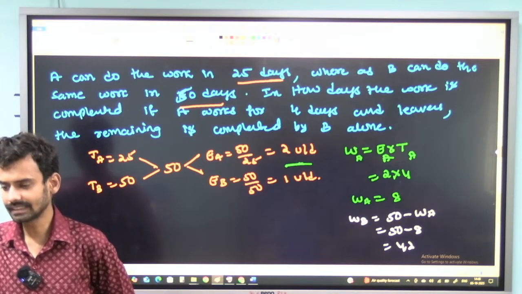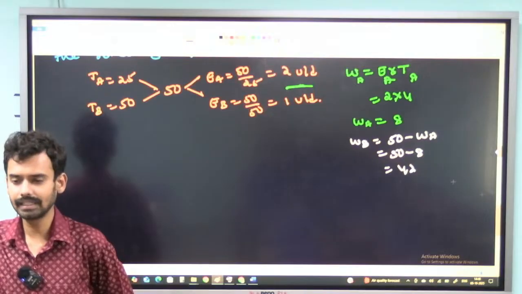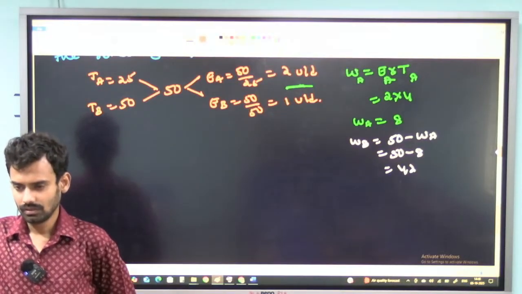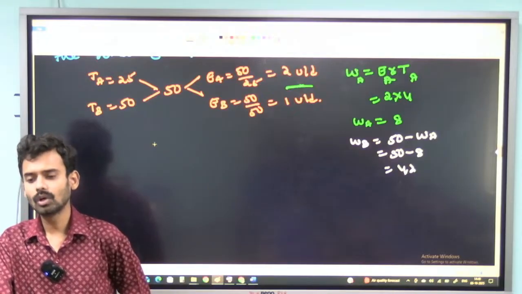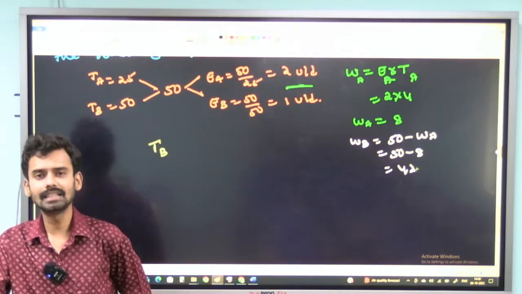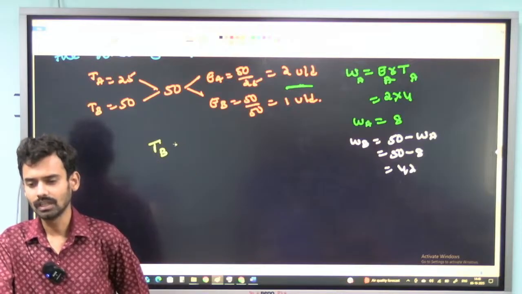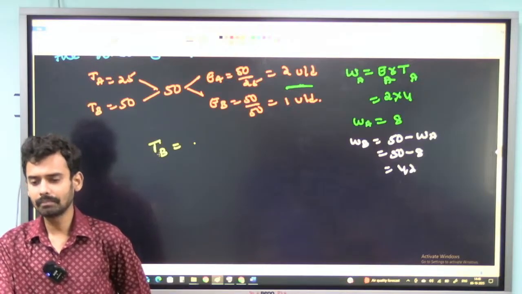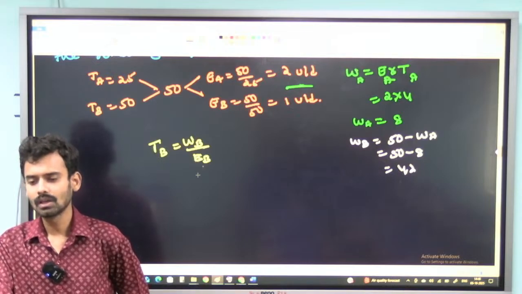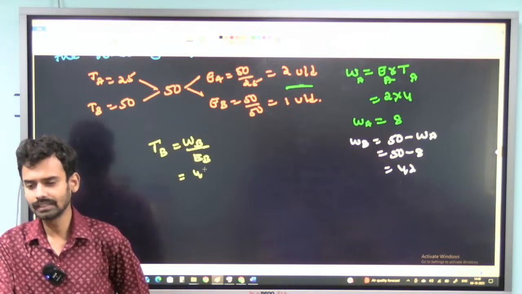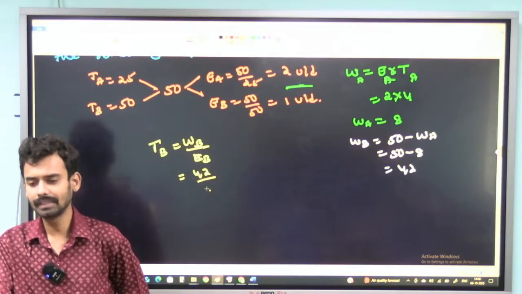Now the question is asking in how many days the remaining work is completed. Now I want to check what is the time taken by B to complete the remaining work, that is 42 units of work. Time taken by B is equal to work done by B divided by efficiency of B. Work done by B is 42 units divided by efficiency of B, which is 1 unit.